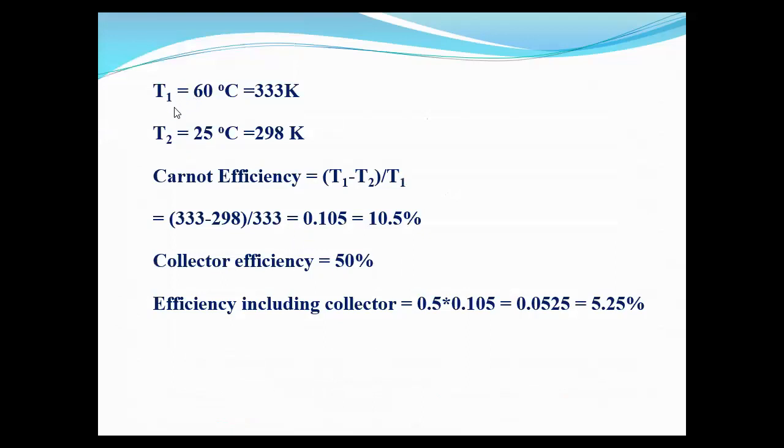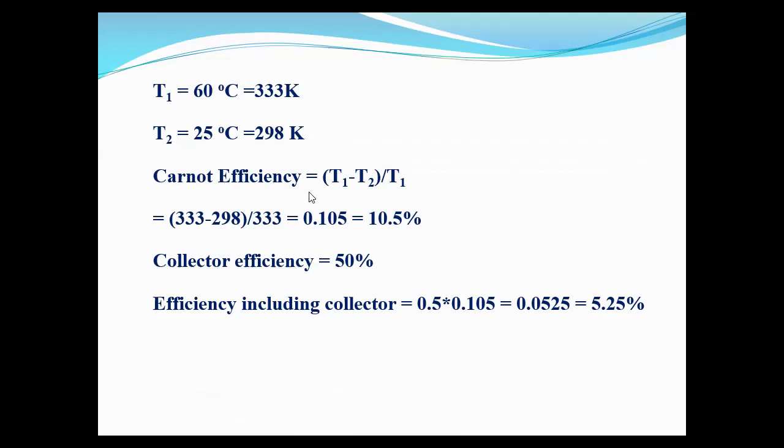So typically, suppose the high temperature T1 in a low temperature solar thermal power plant using a flat plate collector is 60 degrees Celsius, 333 Kelvin, and the lower temperature in the cycle, T2, is 25 degrees Celsius, 298 Kelvin.